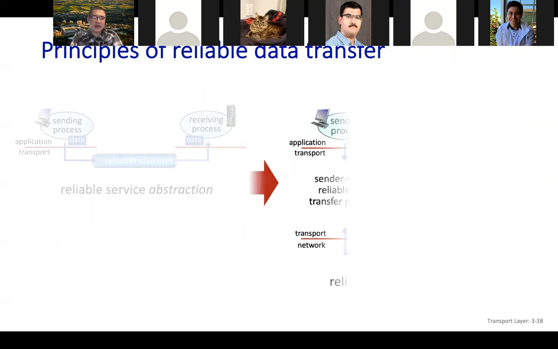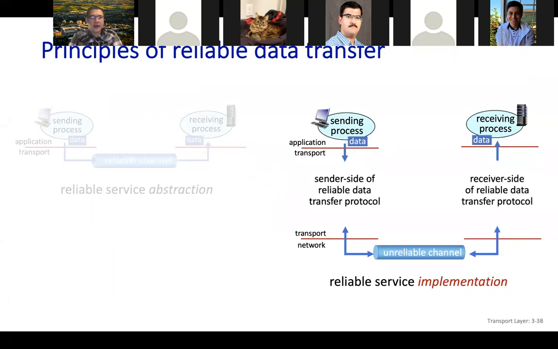Here we have the reliable data transfer protocol on the sender side, from the application layer to the transport layer, and we also have the reliable transfer protocol on the receiver side, okay? But the channel or the lower layer could be unreliable, from the transport to the network layer.